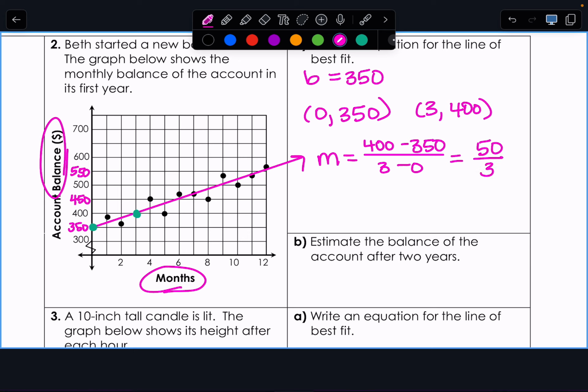Yes, I did. Is that a fraction we can reduce? No. So y equals mx plus b. Replace the m, replace the b.